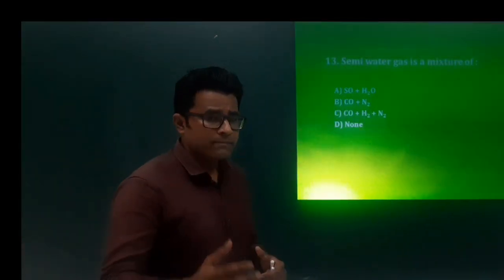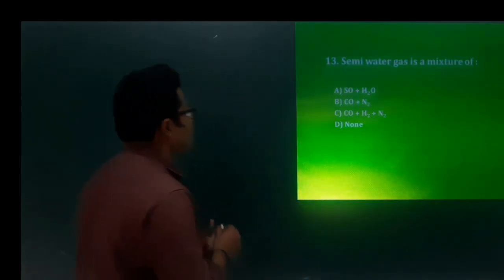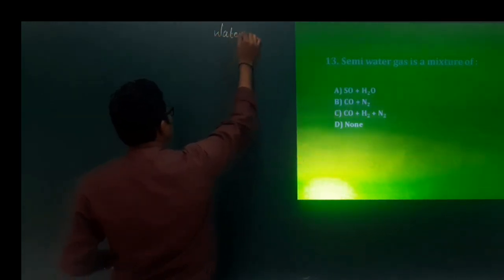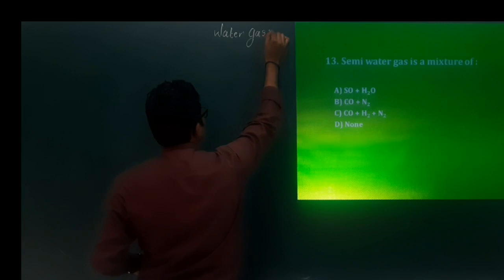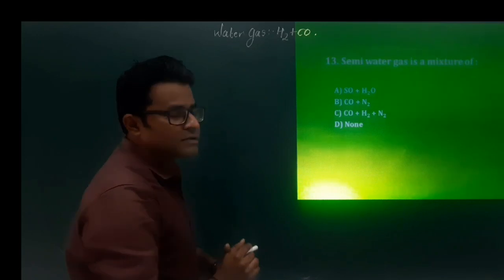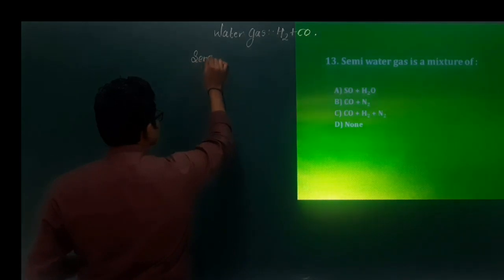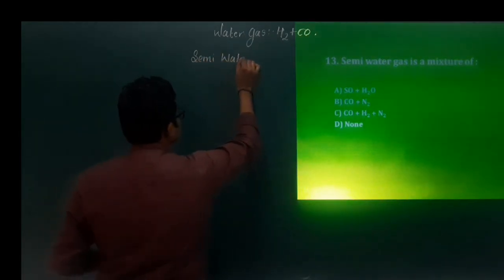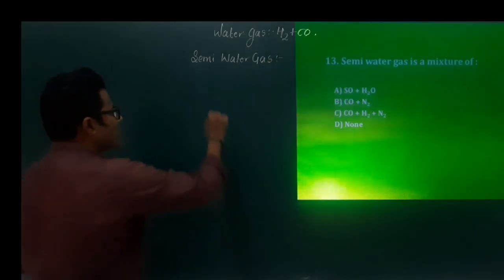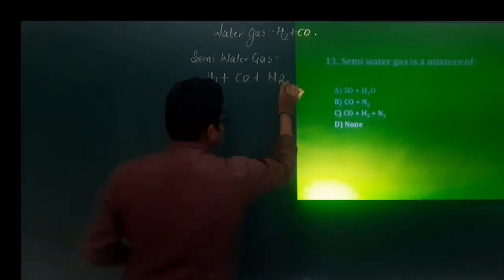Let's go with the next one, question number 30. Semi-water gas is a mixture of. First, the water gas is nothing more than a mixture of hydrogen gas plus CO, carbon monoxide. But the semi-water gas is a mixture of 3 constituent gases: hydrogen plus carbon monoxide plus nitrogen.